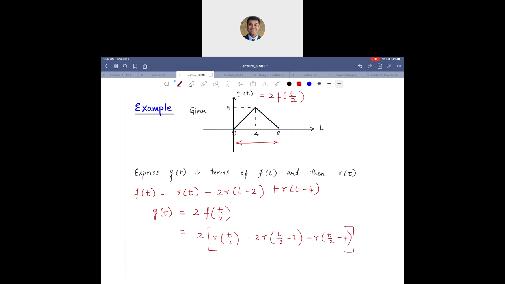All I'm doing is a change of variable from t divided by 2 here, here, and here to get t divided by 2, t divided by 2, t divided by 2. And 2 remains as is, so it's a factor for everything.